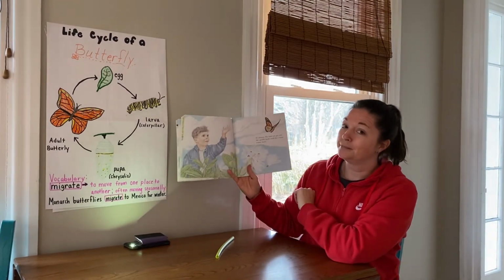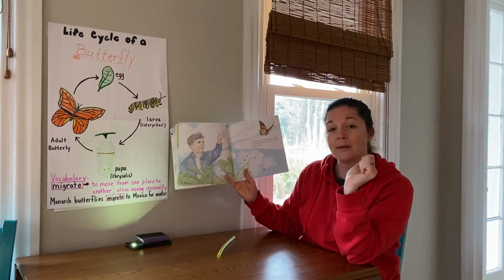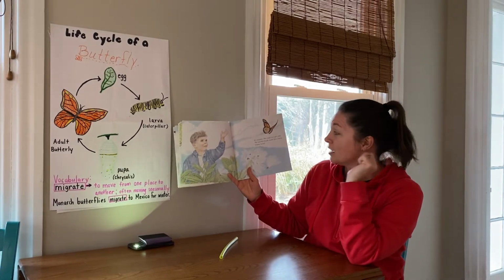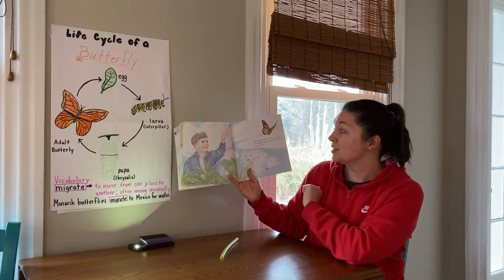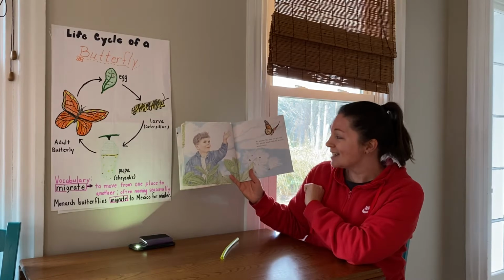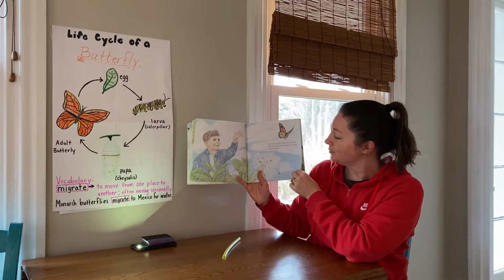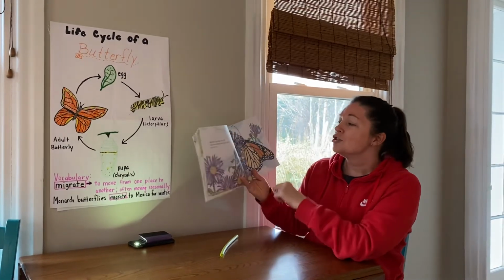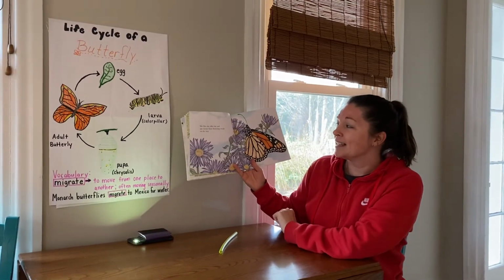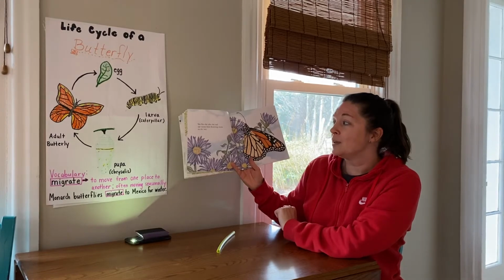It's autumn. Autumn is another name for the season fall. She must not get cold. She quickly heads south for a warm winter home. She flies day after day and sips nectar from flowering weeds on the way.